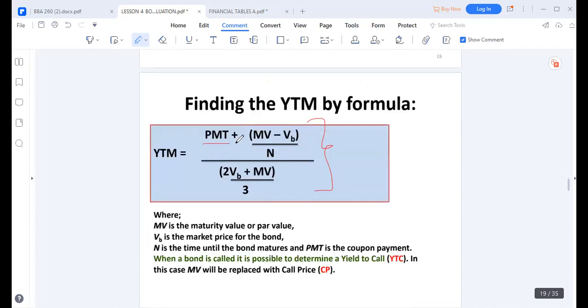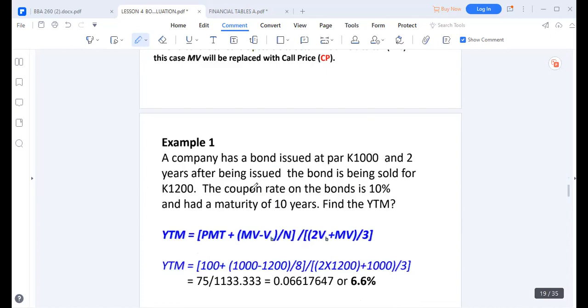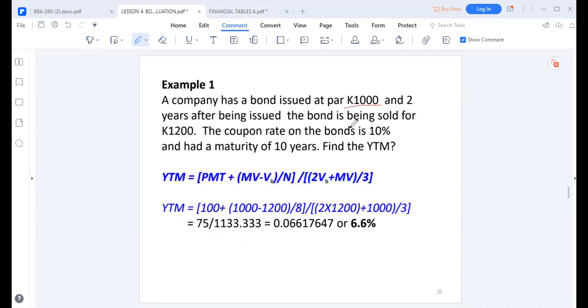And you have the payment or capital I, value of the bond, N, 2 VB over 3. So we have a bond issued at 1,000, 2 years after being issued. This bond was sold for 1,200. The coupon interest is 10%, and it's a 10-year bond. How do you find the yield to maturity? So 10% of 1,000 is 100.